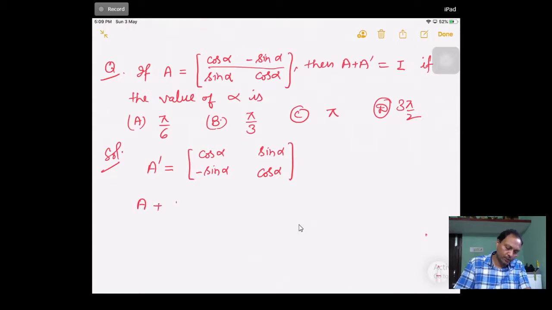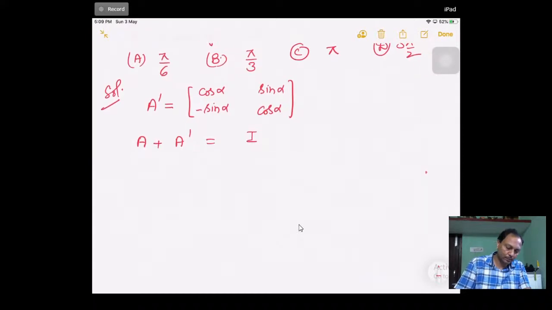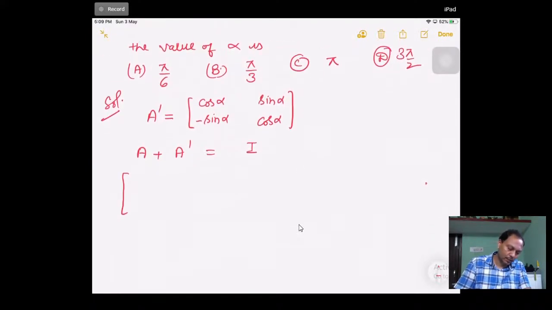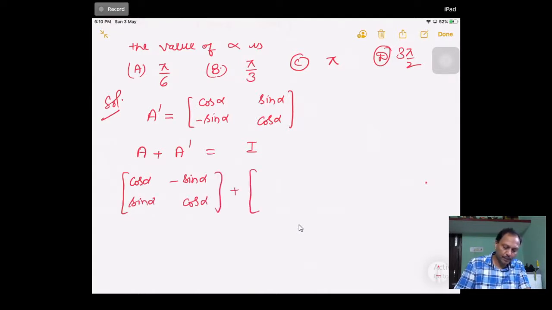Now in the question it is given A plus A prime equals to I. So place the values. Matrix A was cos alpha, minus sin alpha, sin alpha, cos alpha, and A prime is cos alpha, sin alpha, minus sin alpha, cos alpha. It is equal to [1 0; 0 1].